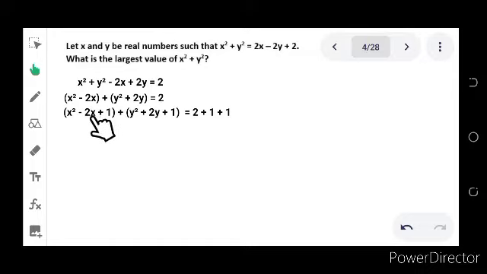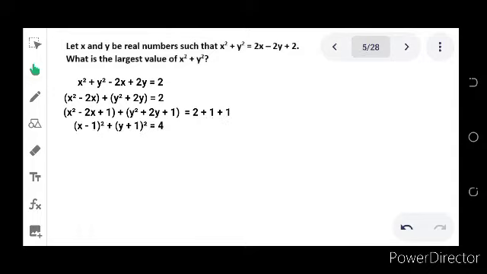So 1/2 of 2 is 1, squared is 1. And whatever you add on the left side, you also add on the right side to maintain the equation. Same thing with y: get 1/2 of the coefficient of y, that's 1, square it, that's 1, and add the result to the right side as well.